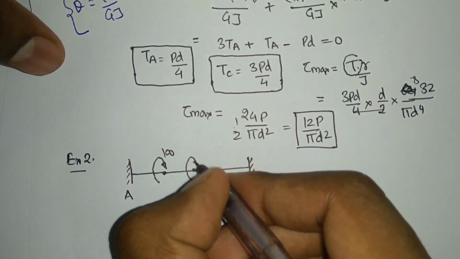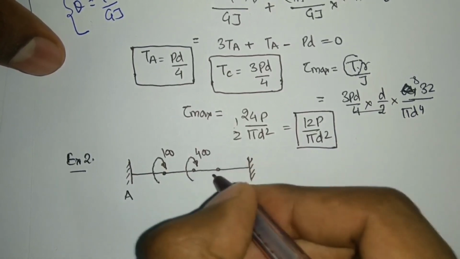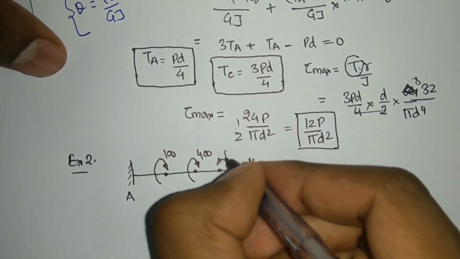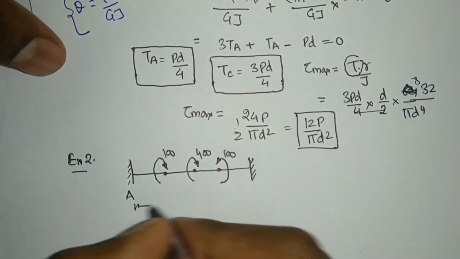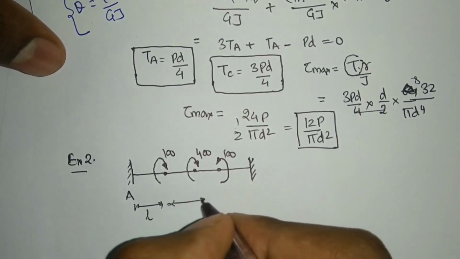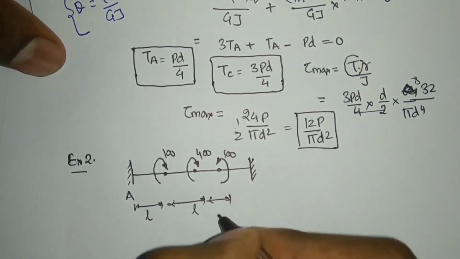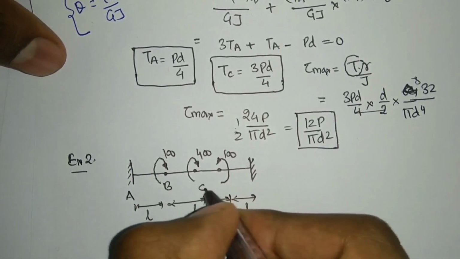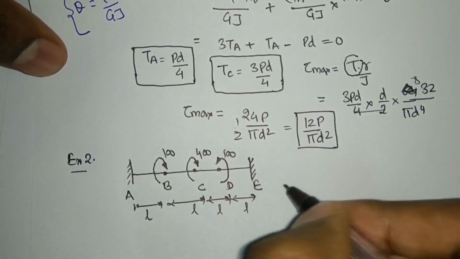It is 400 here and it is 100 here in this direction. Opposite direction, the value is 100 and all the lengths are L only. Okay, the lengths are L only. So this is my B, this is my C, D and E.